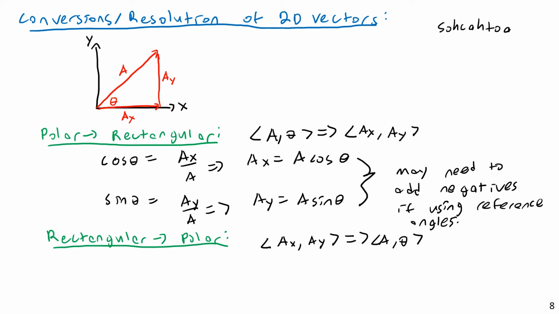My old buddy Pythagoras taught me that a squared plus b squared is equal to c squared, or in the variables we have here, ax squared plus ay squared is equal to a squared, or that leads us to a is equal to the square root of ax squared plus ay squared.